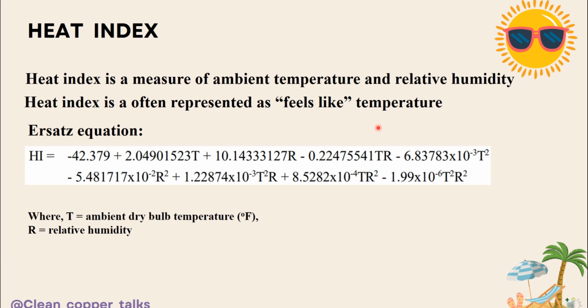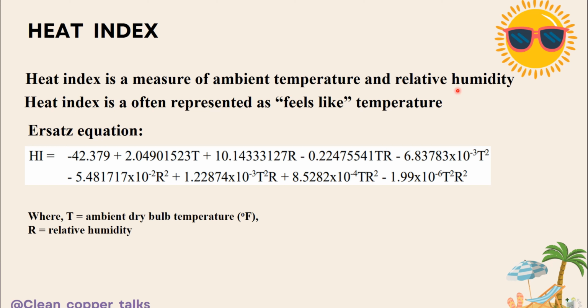It feels like more because of the consideration of relative humidity, and hence a parameter which considers both ambient temperature and relative humidity is termed as heat index. Ambient temperature is the temperature of atmospheric air. Humidity is the amount of moisture present in atmospheric air at a particular temperature.